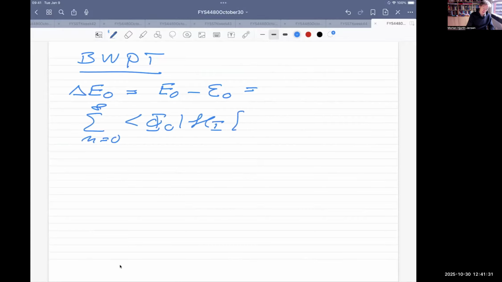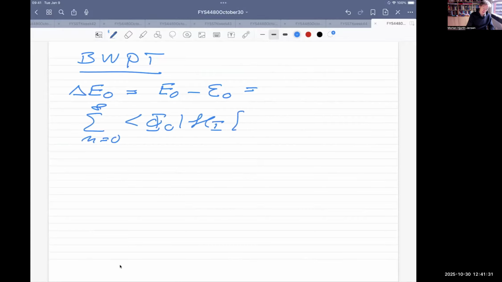This is a term which we are going to call first order in the interaction, h of I. And you see now that if I take this term here and switch it over to the left-hand side, then I'm going to have epsilon 0 plus this term, and that is the correlation energy which we had in the FCI calculation. So E0 plus this term here gives us the reference energy.